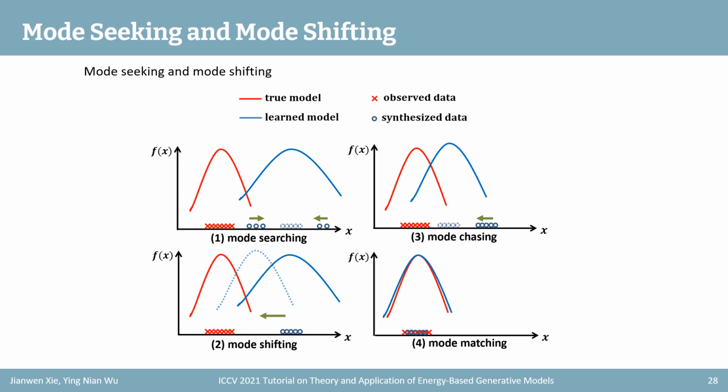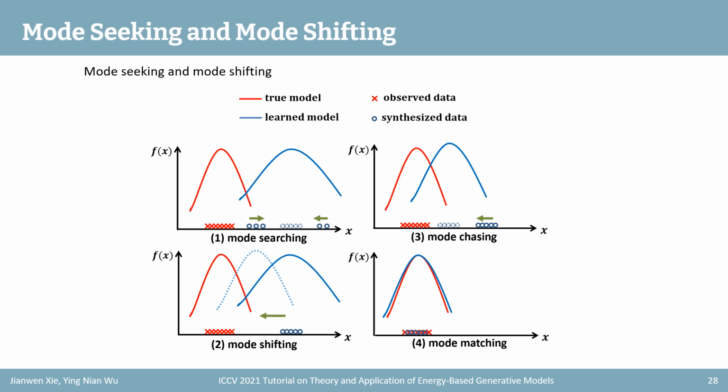Figure 1 is the mode searching by Langevin Dynamics, which finds high-score modes in the landscape of the model, and places the synthesized examples around the found modes. After that, the algorithm shifts the high-score modes toward the observed examples, which is shown in Figure 2.